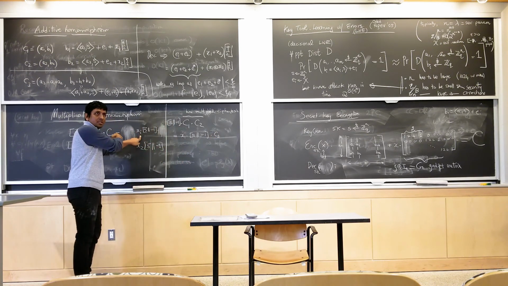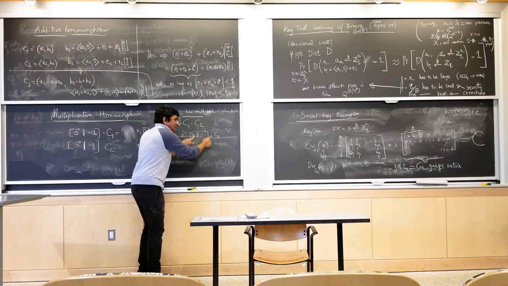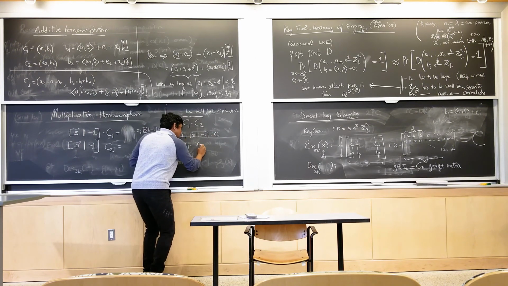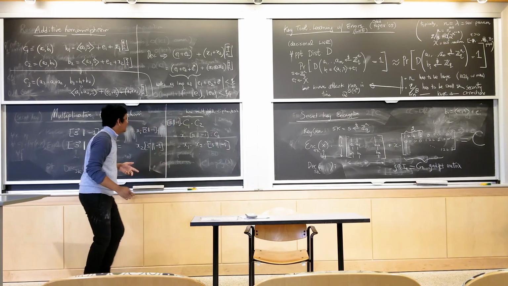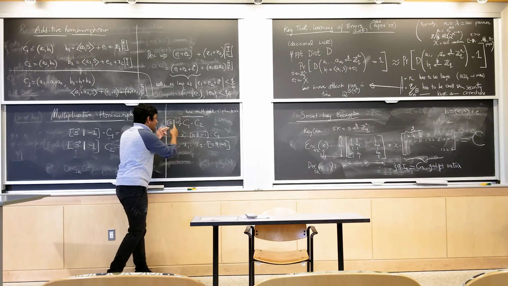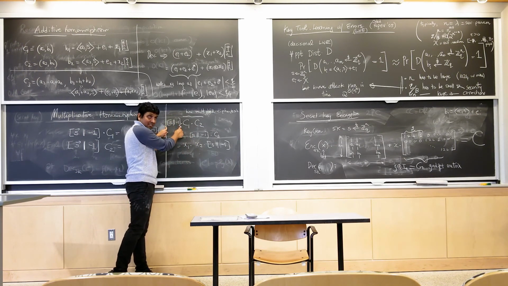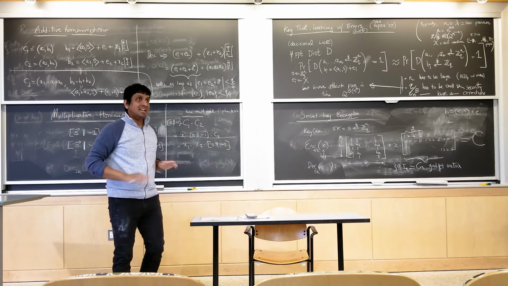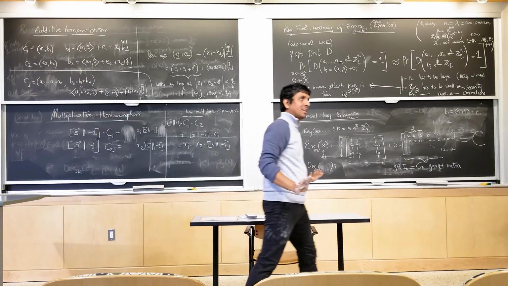Now, what is S minus 1 times C2? It is X2 times S minus 1. So this ciphertext, the product of the two ciphertexts, looks like an encryption of X1 times X2. Certainly, if you try to decrypt it using the secret key, you will get X1 times X2. That's it. End of story.